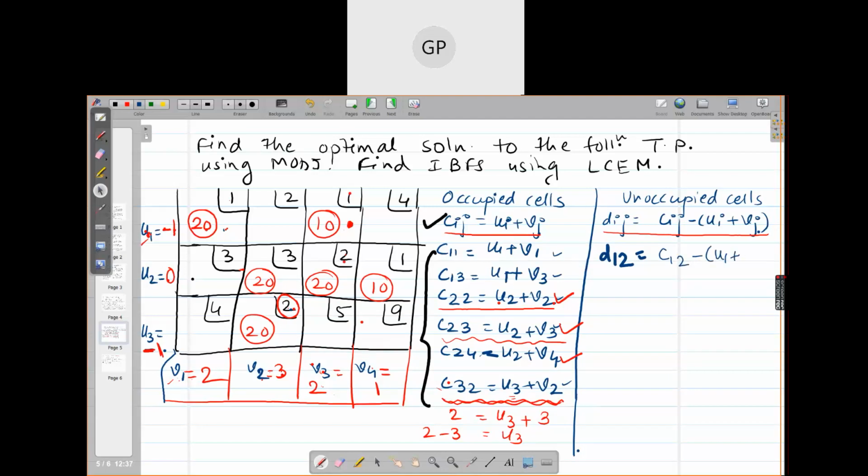D12 equals C12 minus (U1 plus V2). So what is C12? It is 2 minus, in the bracket, U1 is minus 1 plus V2 is 3. So that is equal to 2 minus 2, that is 0.